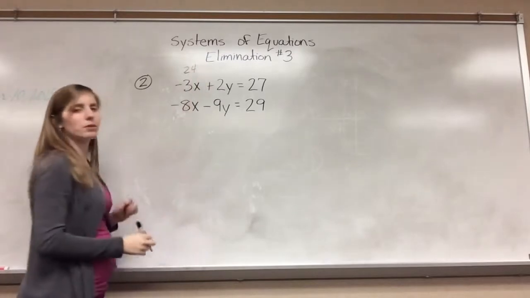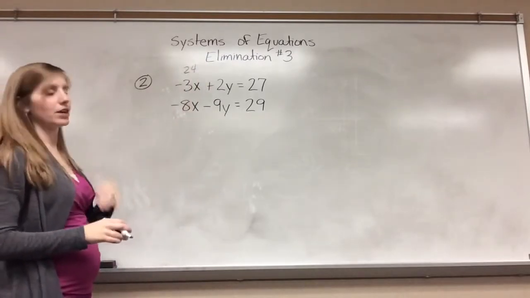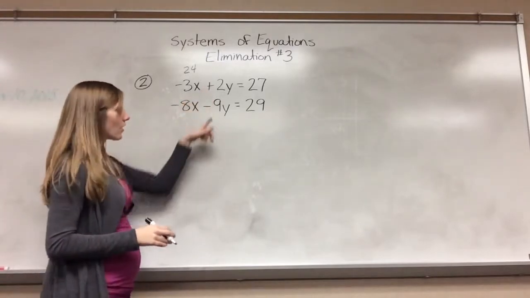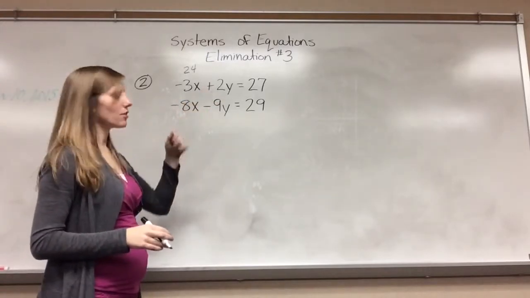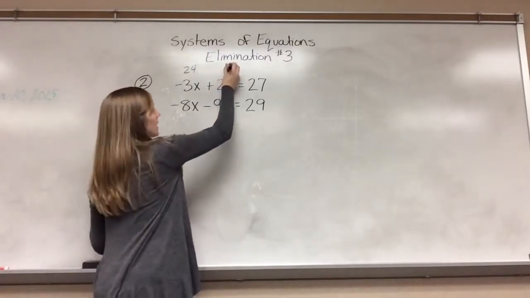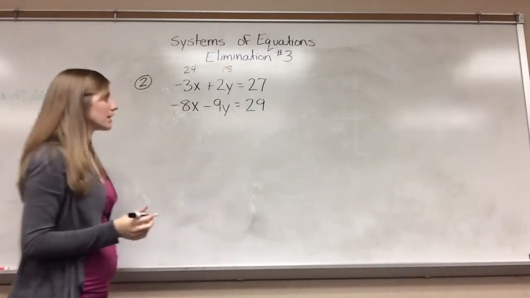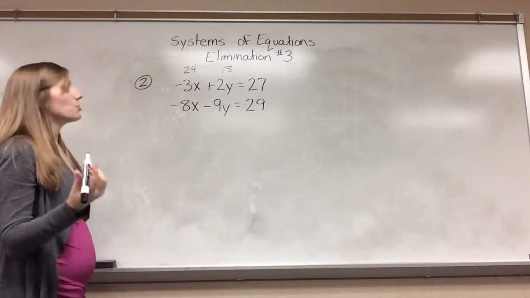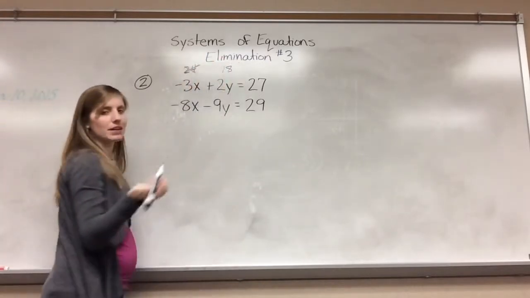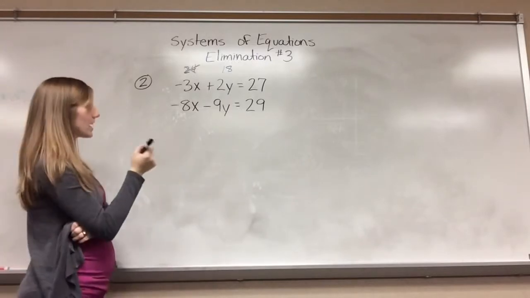So 24 would be the number that 8 and 3 could both become. Let's check out the y's, 2 and 9. All right, 2 cannot become 9, so if I take 9 times 2, I would get 18. 2 can become 18, so 18 would be the common number for the y's. So between 24 and 18, I would pick the 18 because it's smaller. So we're going to go with the 18.